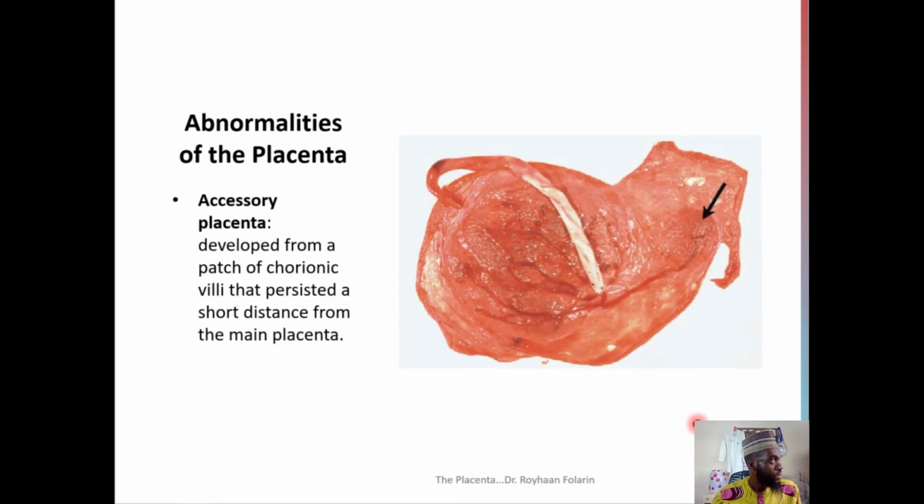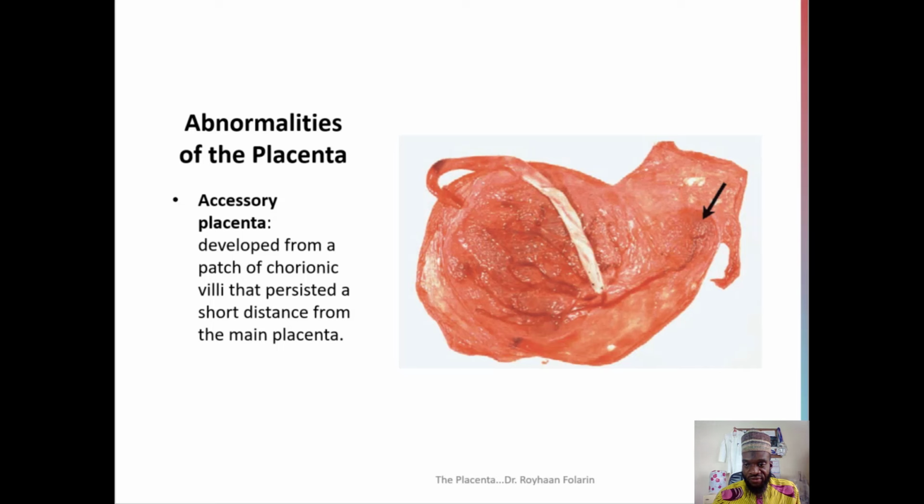Another abnormality that could occur is having an accessory placenta, in addition to a placenta that is already fully formed, a full-term placenta. So here is the full-term placenta, and here is an accessory one, developing from a patch of chorionic villi that persisted at a short distance from the main placenta.